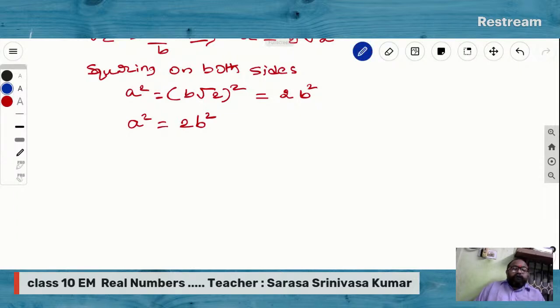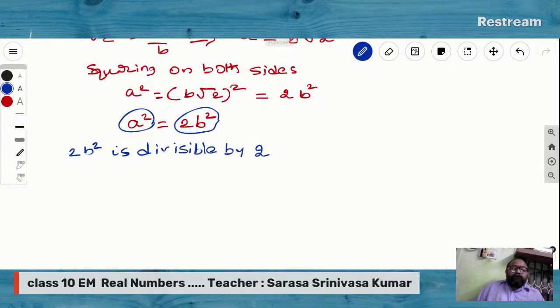Now the right hand side 2B square is divisible by 2. So left hand side A square must also be divisible by 2. So 2B square is divisible by 2.